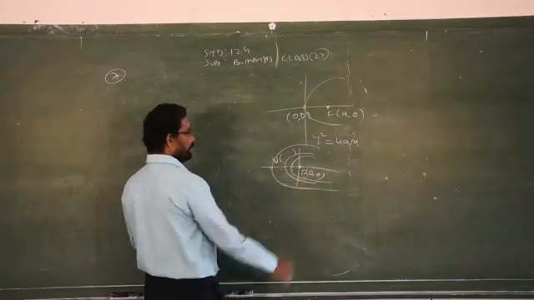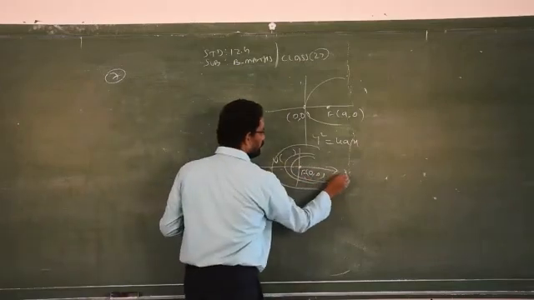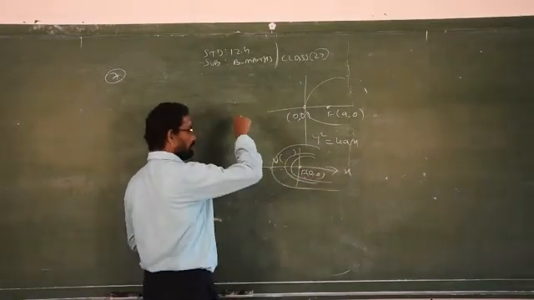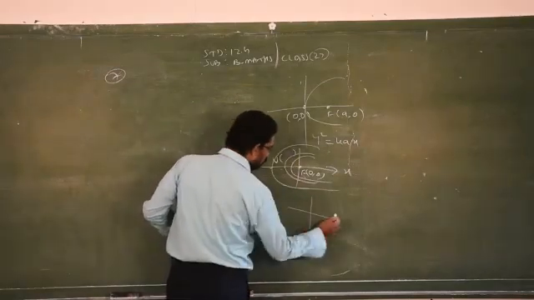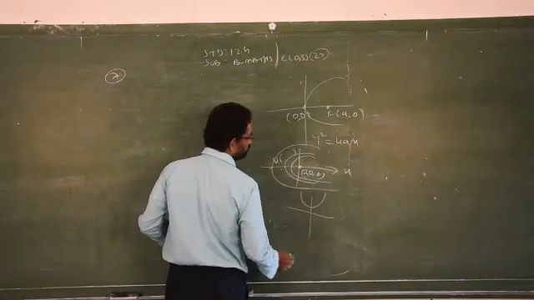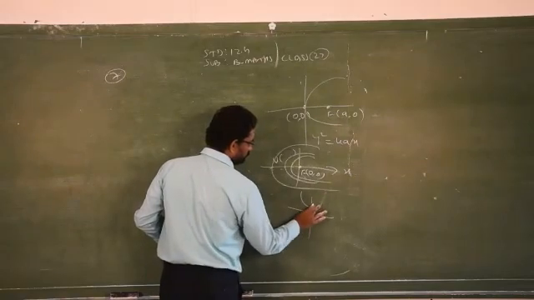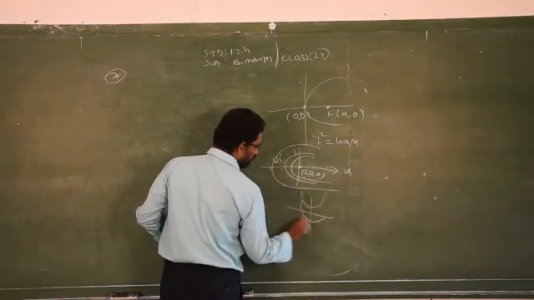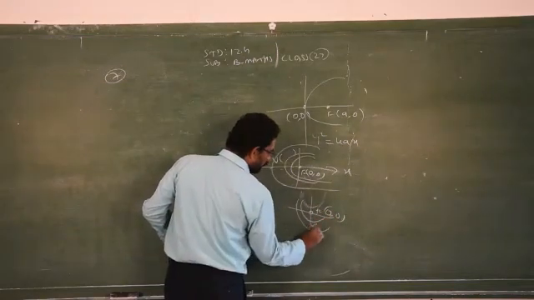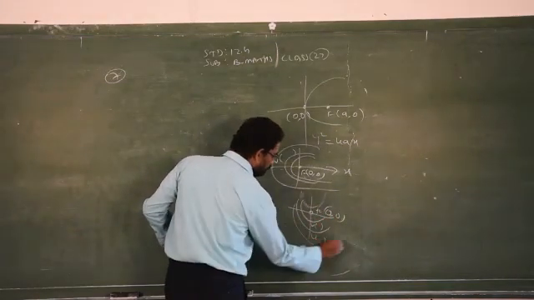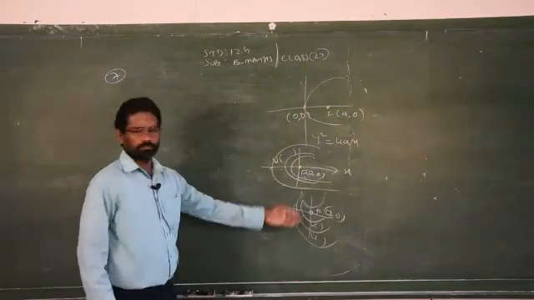So you will get so many parabolas along the x-axis. If the same question is given with axis along the y-axis, then you will have it like this. When the focus is the origin, then your vertex will change, depending upon the vertex. Clear?